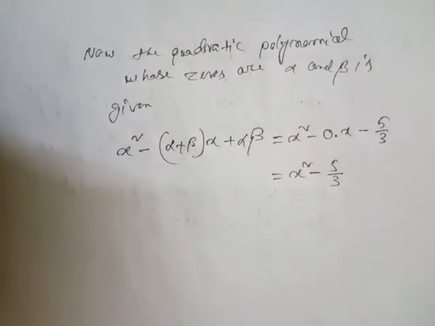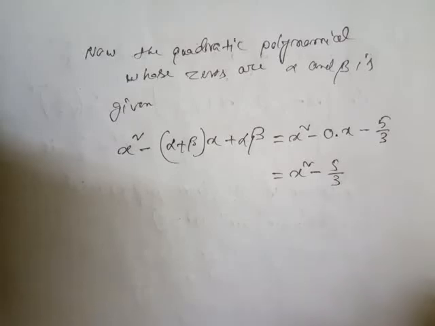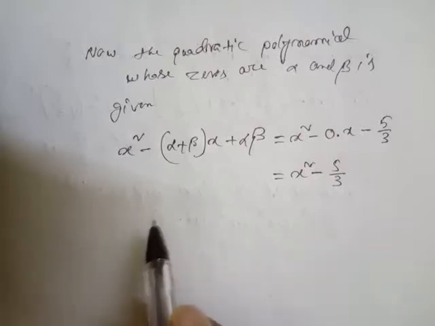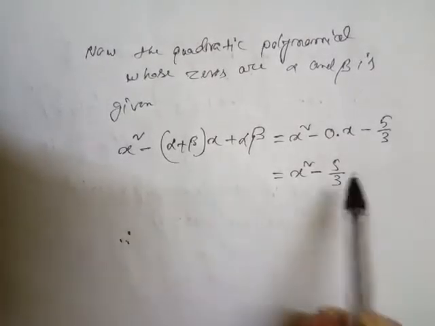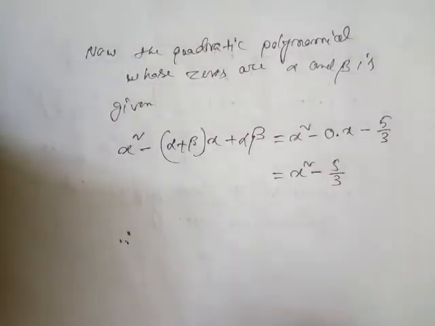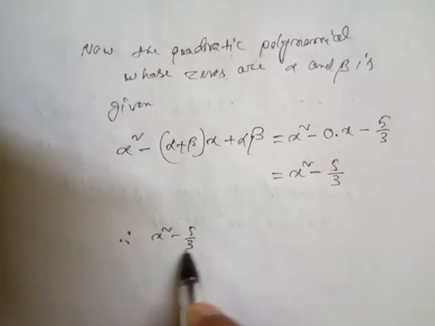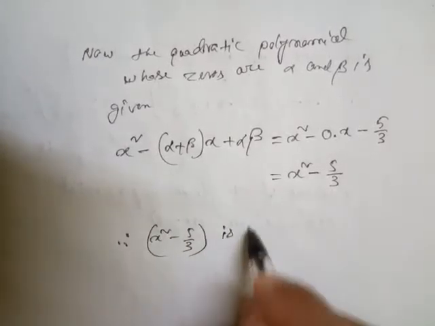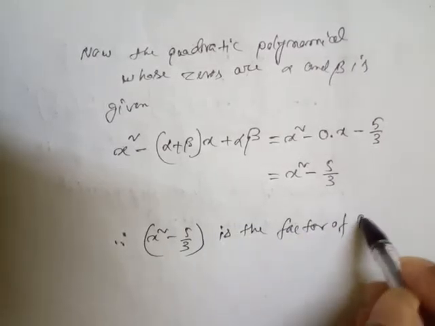After putting the zeros of the polynomial, this is the factor of the given polynomial. So we can write here that, therefore, since we have got this value after putting the zeros of the polynomial, x square minus 5 by 3 is the factor of p(x).